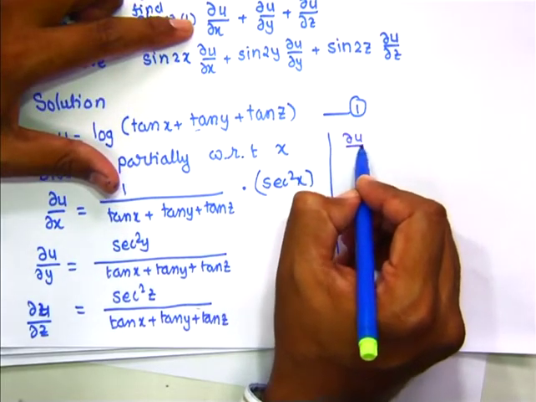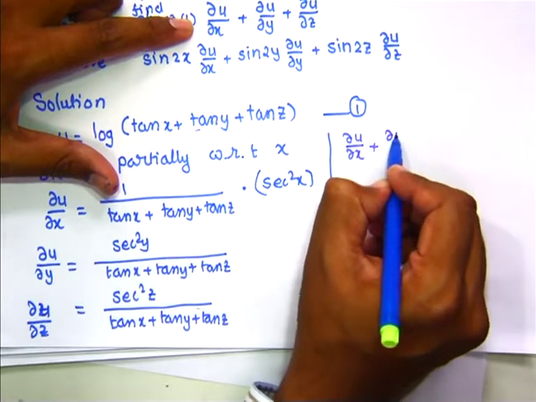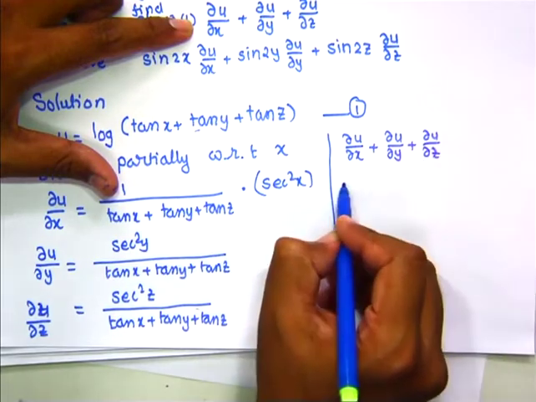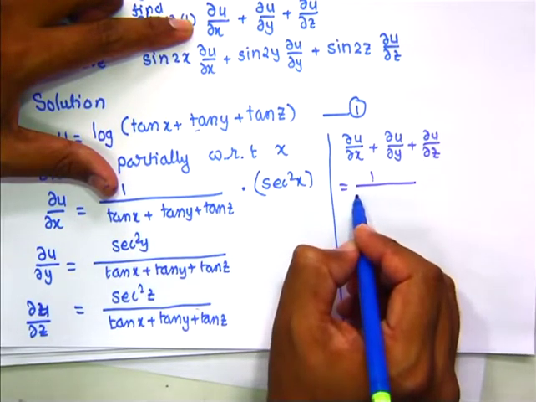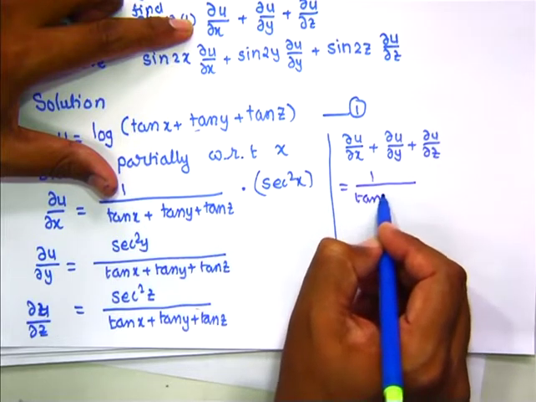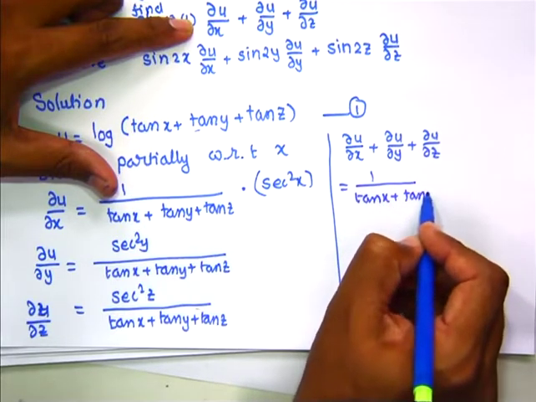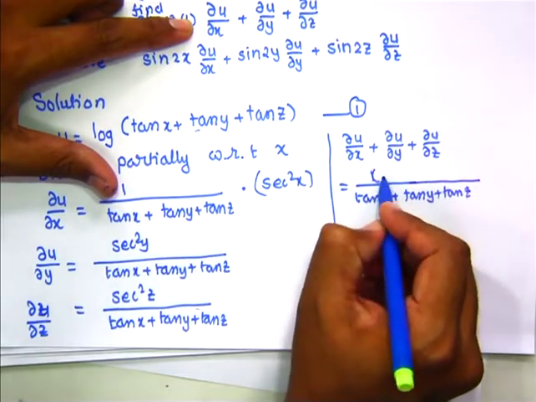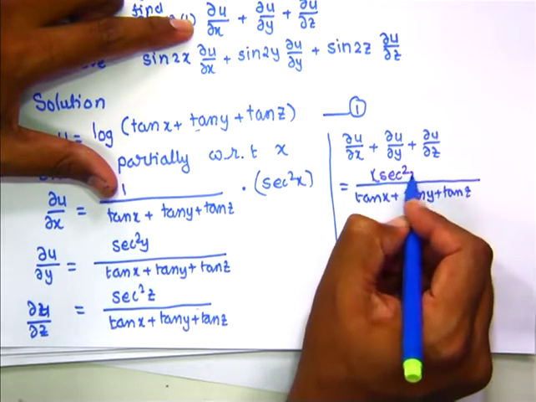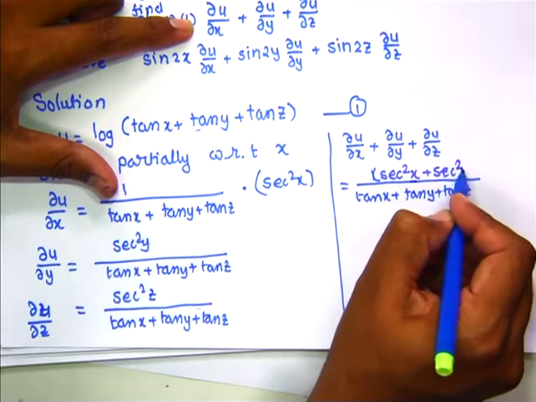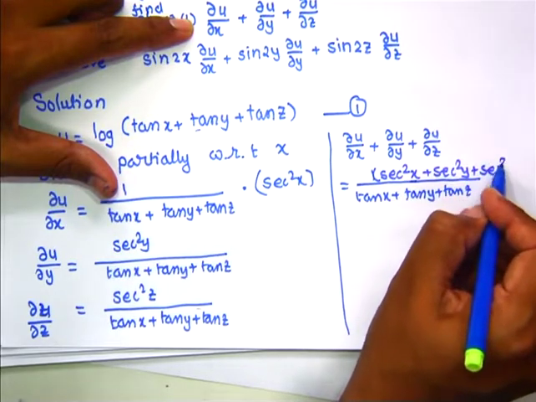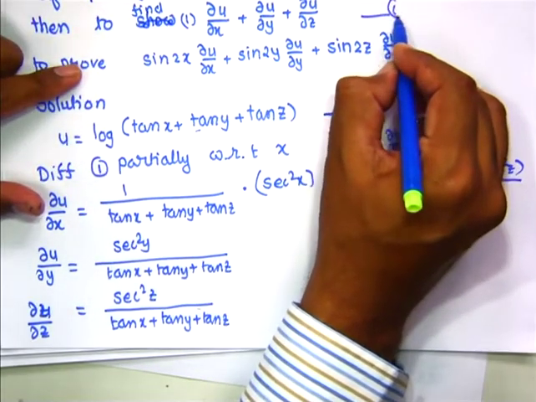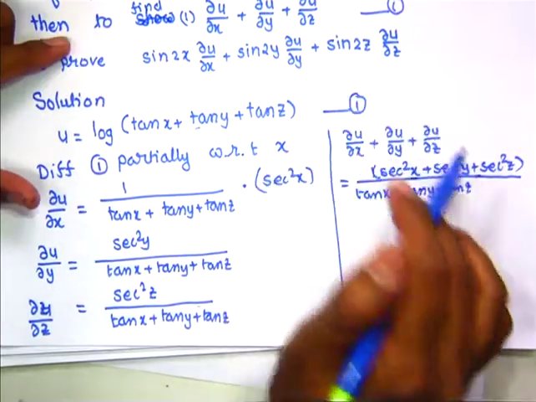So del u by del x plus del u by del y plus del u by del z is equal to 1 upon tan x plus tan y plus tan z, which is the common factor, and the remaining is sec square x plus sec square y plus sec square z.